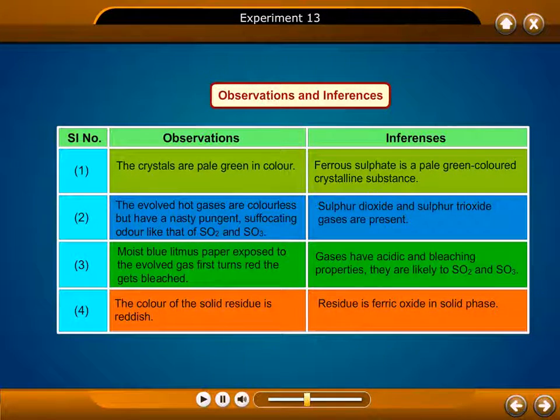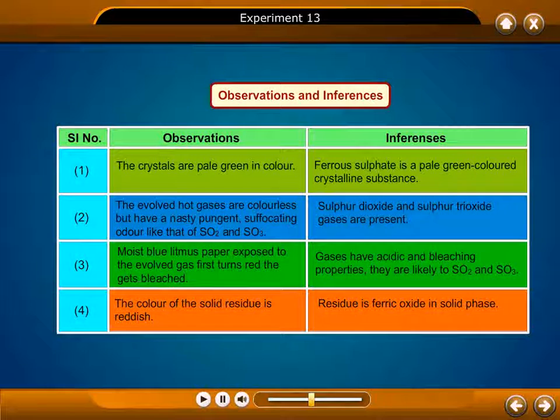Observations and inferences. Observations: the crystals are pale green in color. Inferences: ferrous sulfate is a pale green colored crystalline substance. Observations: the evolved hot gases are colorless but have a nasty pungent, suffocating odor like that of SO2 and SO3.